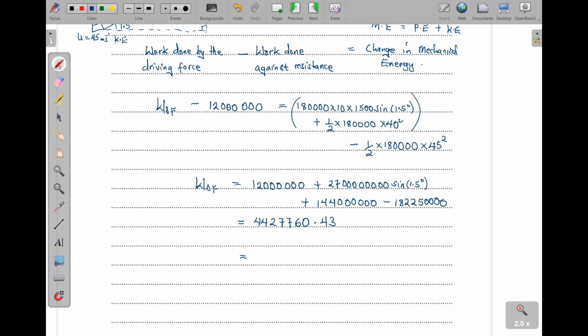That means we shall divide by 1,000. So this will be 1, 2, 3. So that one will give us 4427, then 0.76.